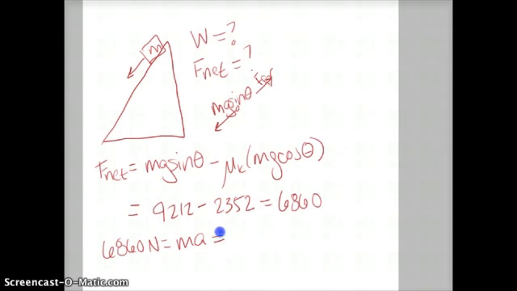So that's going to mean that our a is going to be equal to 6860 over 1,000. That's going to be 6.86 meters per second squared down that hill. So it's a pretty good acceleration, but not quite as fast as it would be in a vacuum falling.